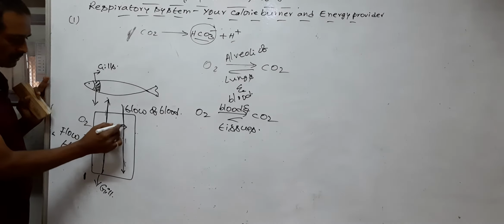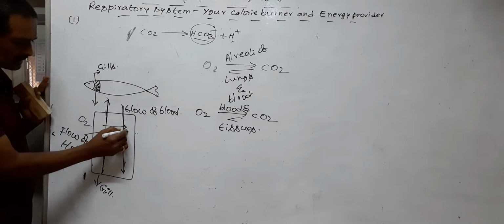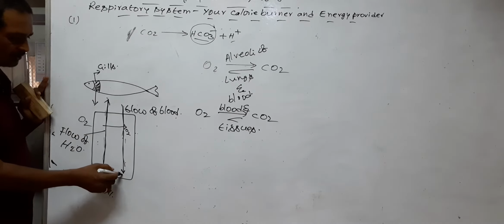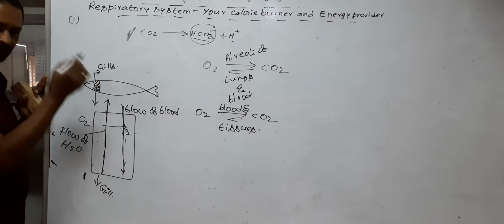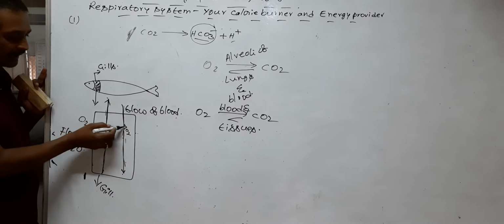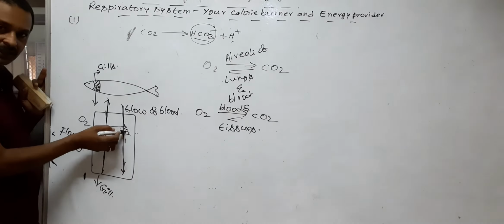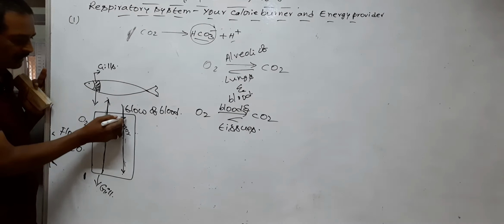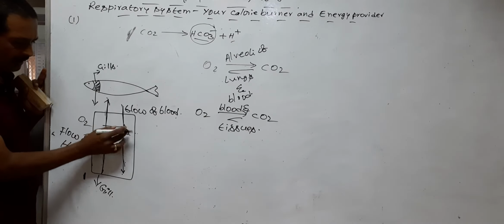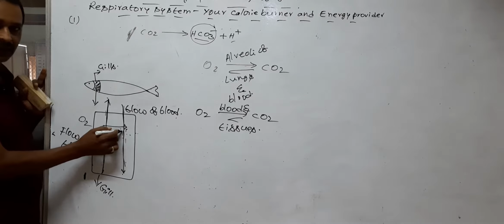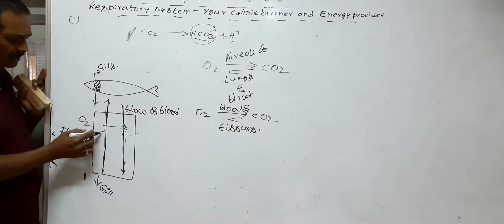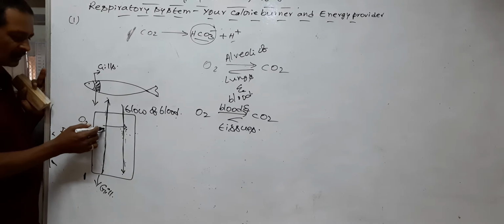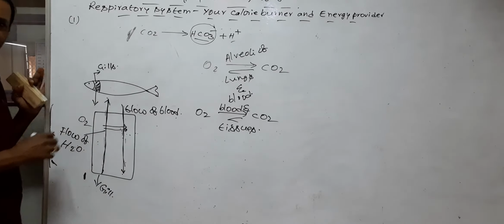Now this oxygen is carried out from the gills through blood. So the blood carries this oxygen away from the gills. Next, deoxygenated blood enters into gills. Now, a large amount of oxygen is diffused again into the water.